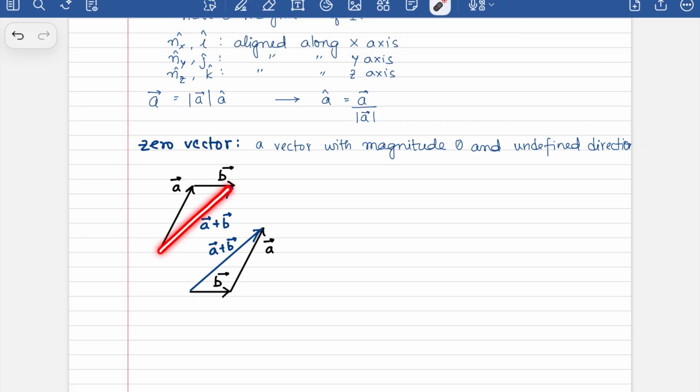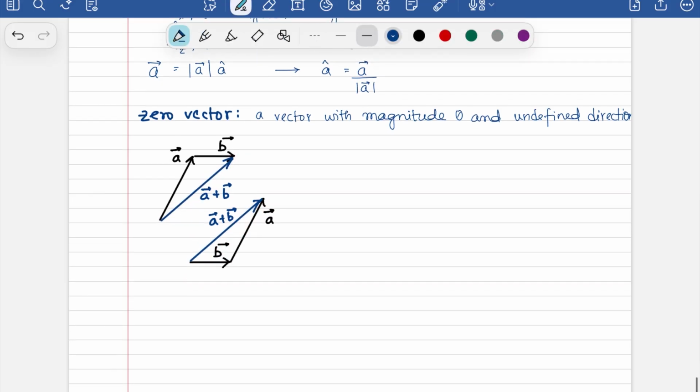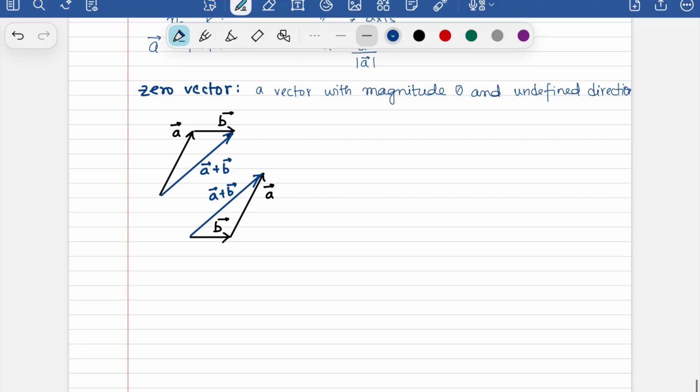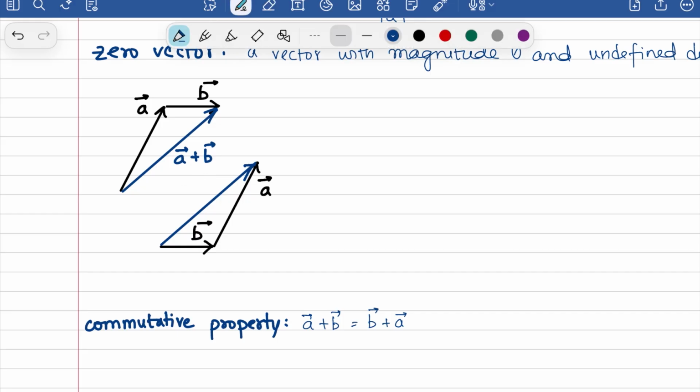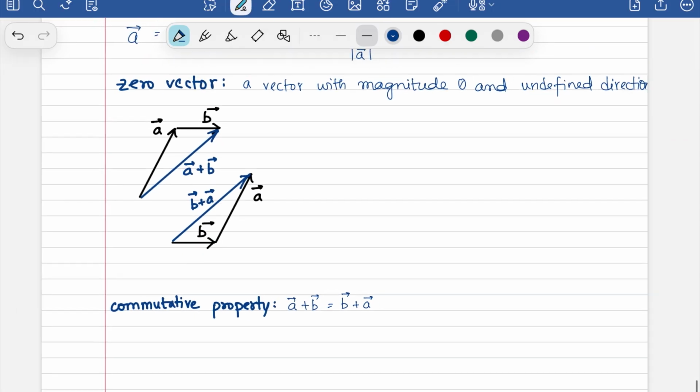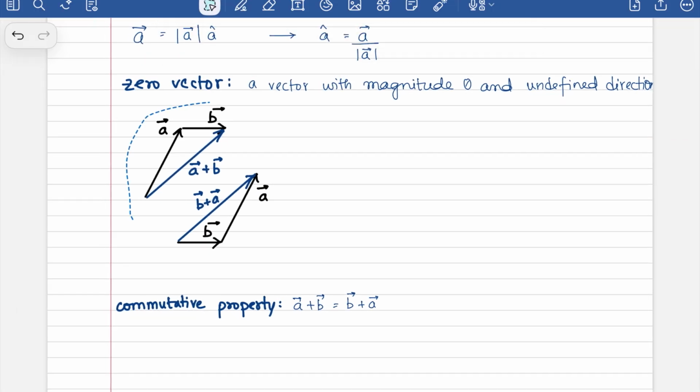You can see that the direction is the same and the magnitude is also the same. And this kind of leads us straight to one of the properties, which is the commutative property, which essentially states that a vector plus b vector is the same as b vector plus a vector. Well, I guess to make this concrete, I should have written this as b vector plus a vector. So this shown here is vector addition.